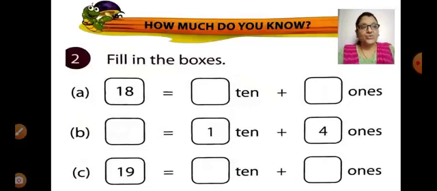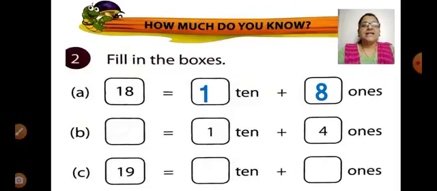How much do you know? Now, based on all the concepts we have learned, we will solve further questions. In these, question number 1 is homework for you. Let us see question number 2. Fill in the boxes. First, 18 equals dash tens plus dash ones. What is the answer, children? Yes, 1 ten plus 8 ones.